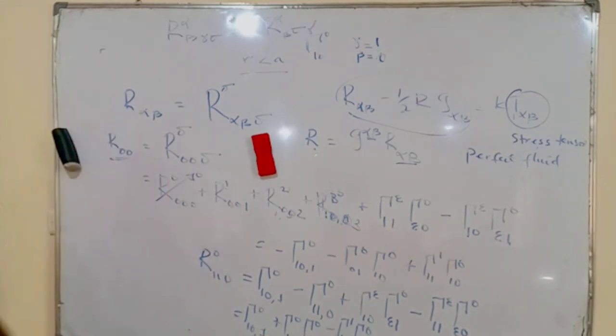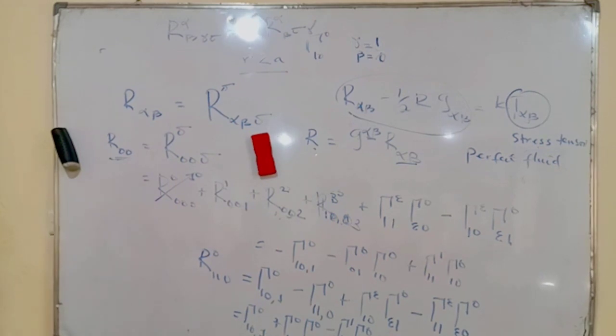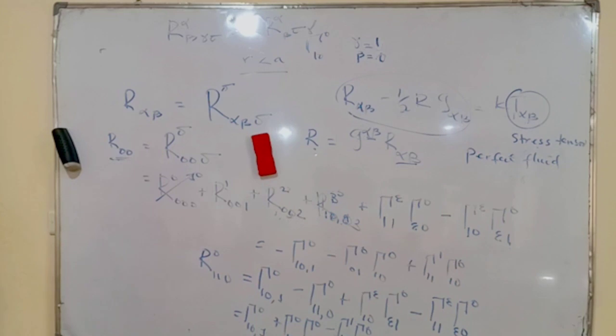No, it's just K. I just use it to represent whatever is there. I think it's something over C to the power, something like that. So I think we are good to go. Any question?